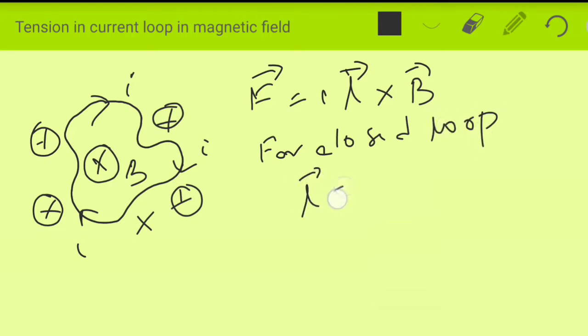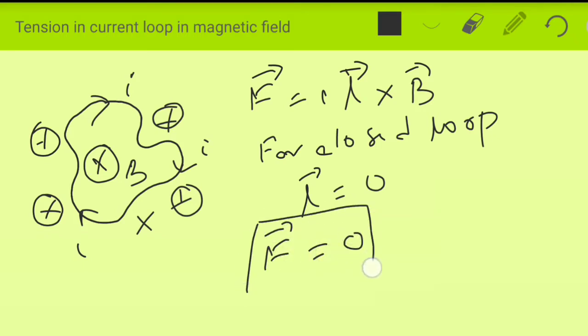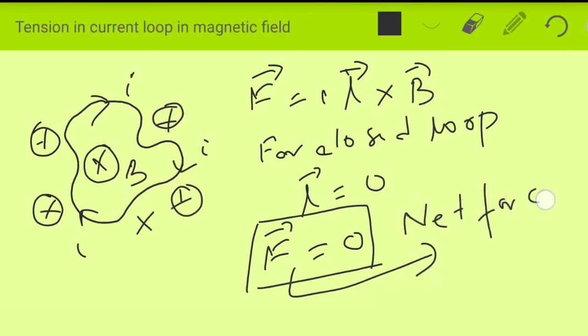Obviously, it will be equal to 0. So if L is equal to 0, that implies the force is also equal to 0. But this force is the net force.